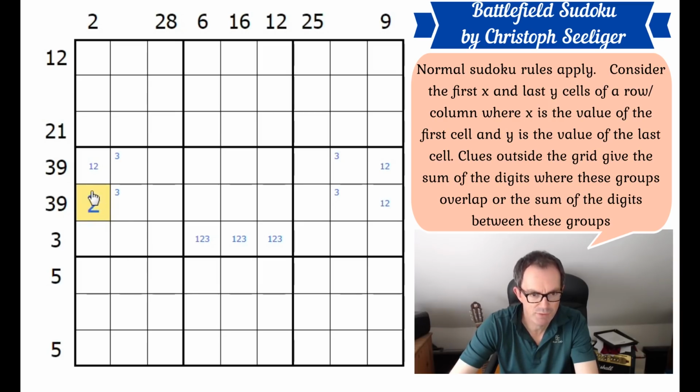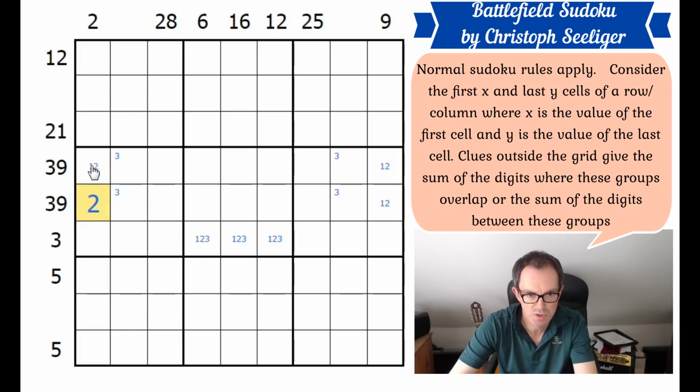This clue, if the 2 was here, now either has to be signalled as a gap clue or an overlap clue. Well, if it's an overlap clue, the only way of doing that to overlap on this one single square would be by putting 5s in both of those squares. And the only way to create a gap of 1 cell would be to put 4s in both of these cells. So actually we can do better.